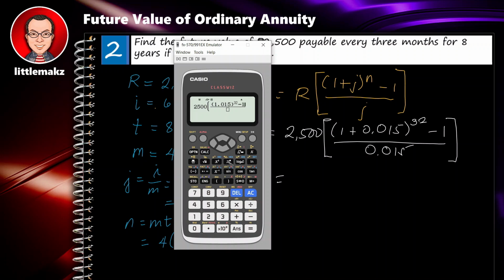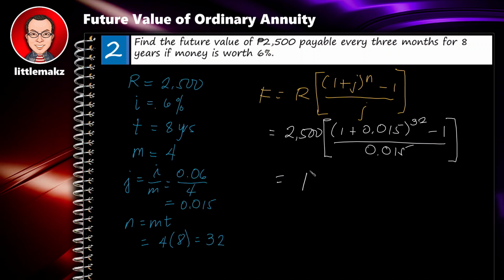Subtract 1. Denominator 0.015. So we've got 101,720 pesos and 72 centavos. We write this. And this is also the future value, just like your first example.